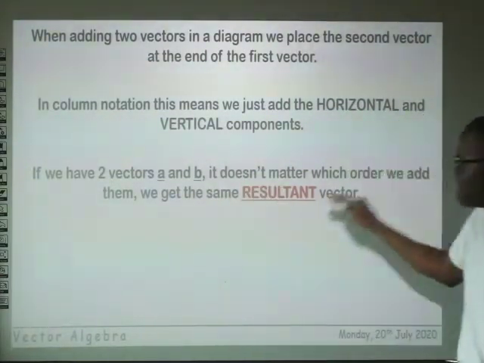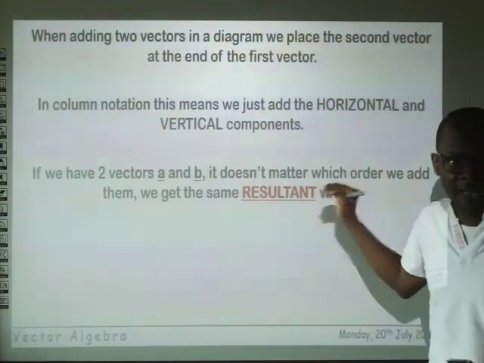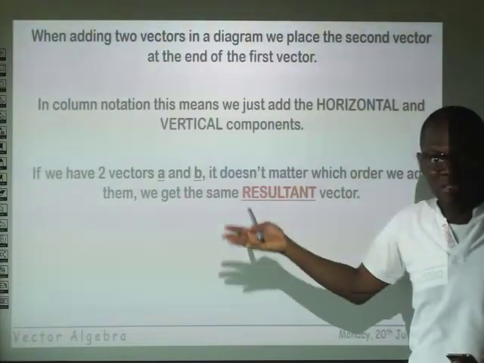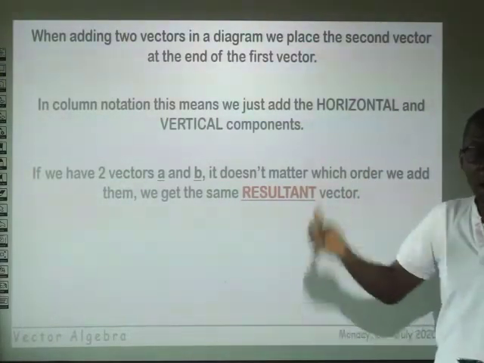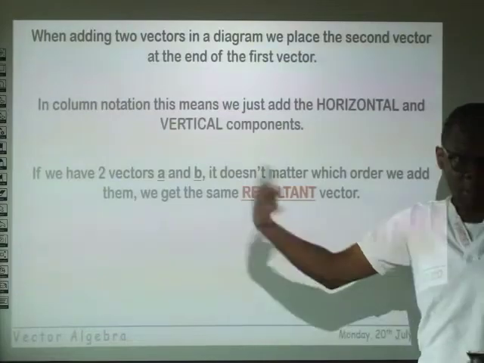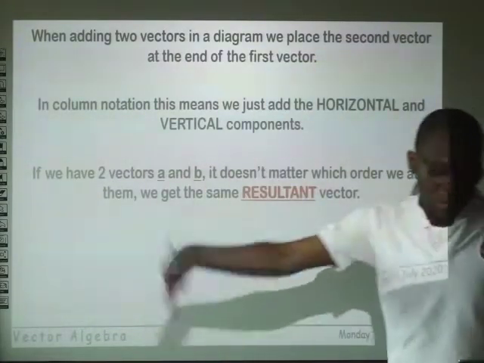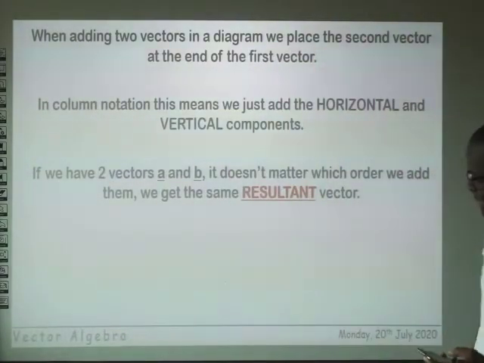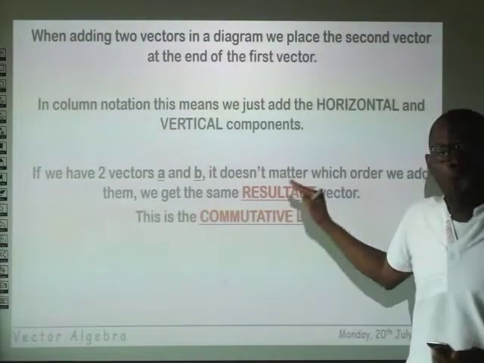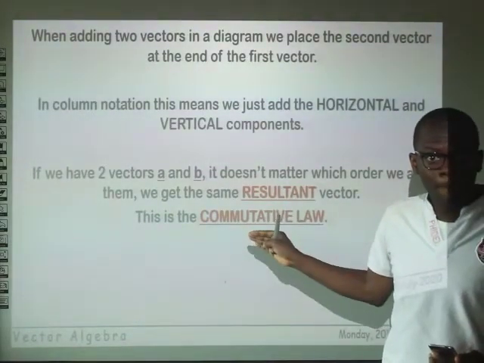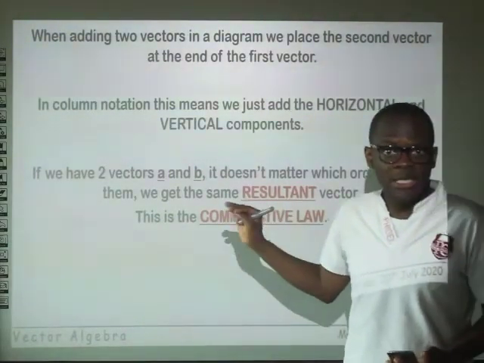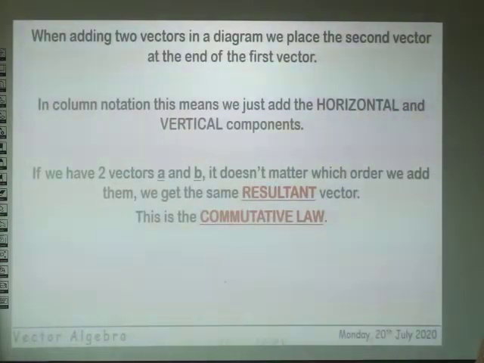We get the same resultant vector. So when you add vectors, it doesn't matter which comes first. A plus B gives you the same as B plus A. And that's what we call the commutative law of addition in maths.